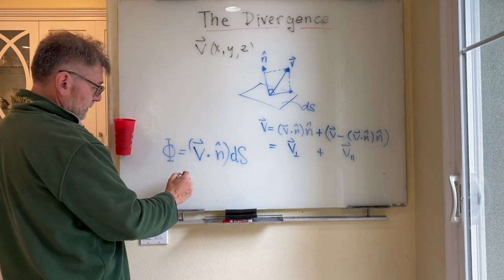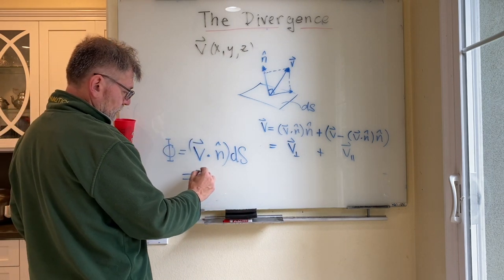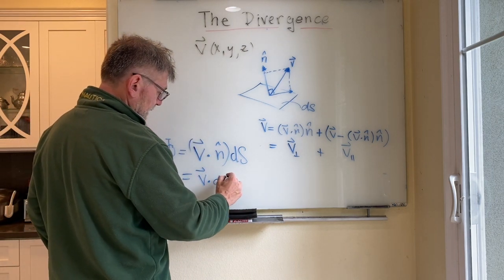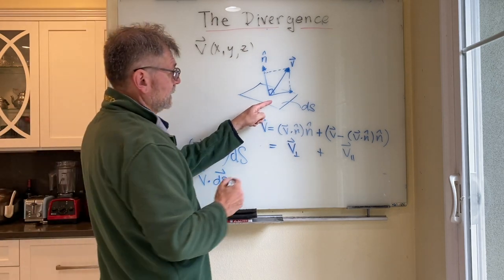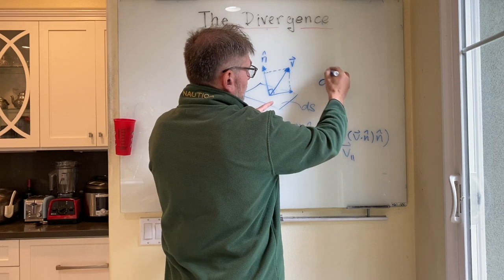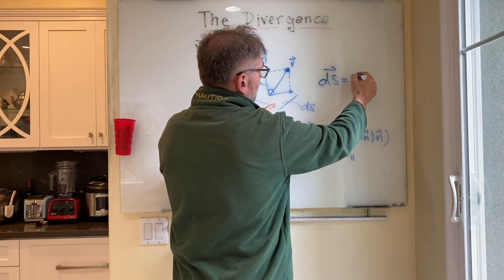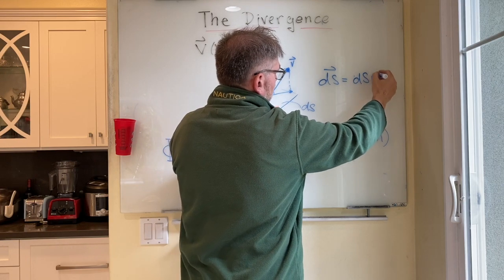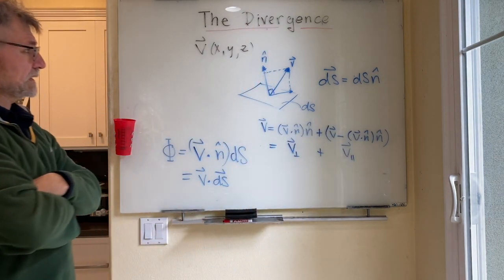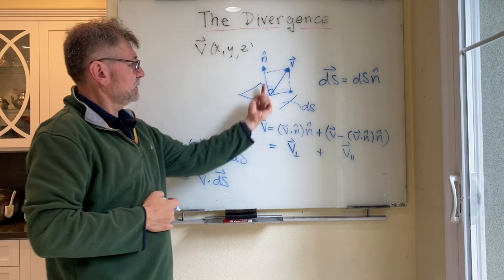And this can also be written as just v dotted with dS vector, where dS vector is a vector which is parallel to n hat and whose magnitude is dS. So we just scaled the unit vector by dS.